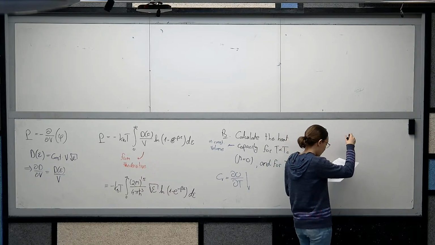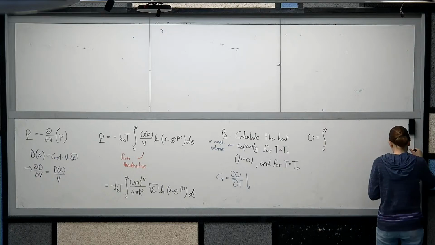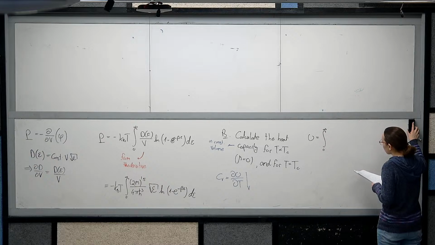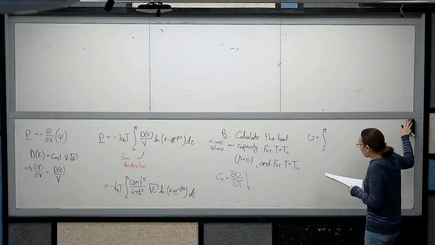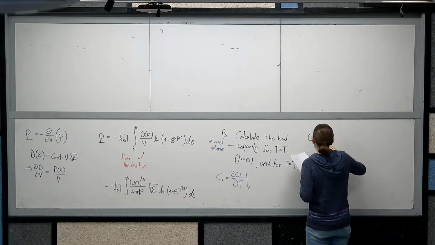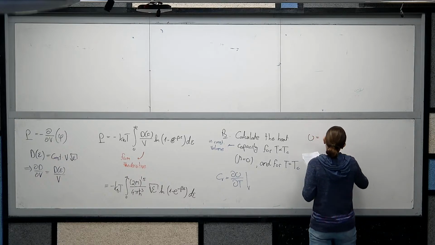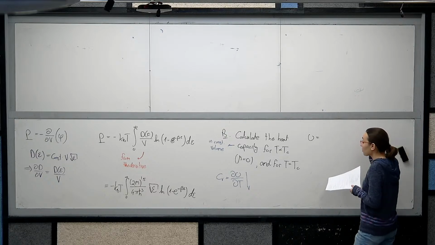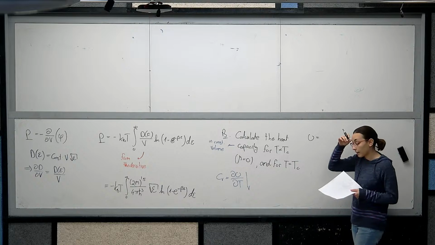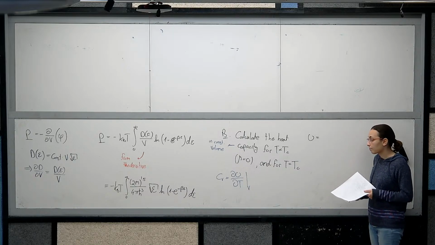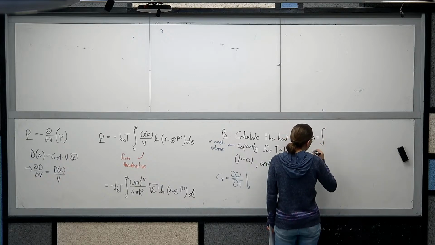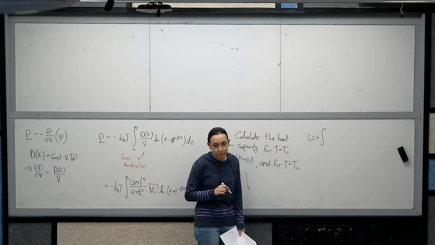Okay, we can calculate it from the grand canonical potential, but we can also calculate it in the direct way from our density of states.